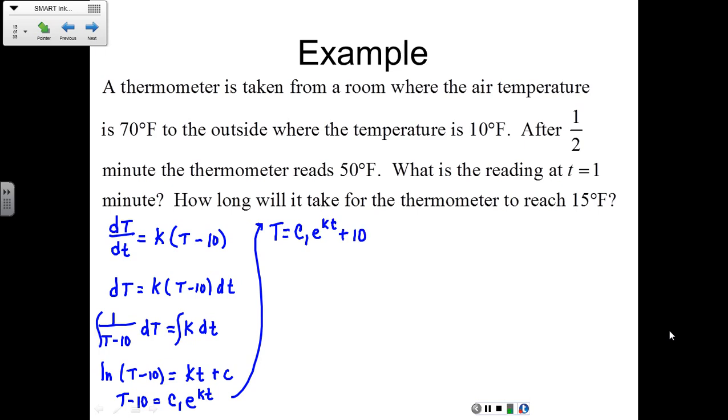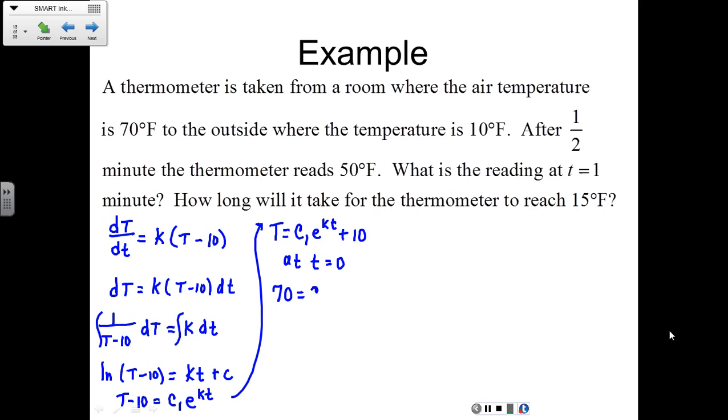First thing you want to talk about is an initial, the initial before anything happens. So if the initial at time equal to 0, you get, what was the temperature at time equals 0, by the way? 70? The thermometer read 70 at the initial point.